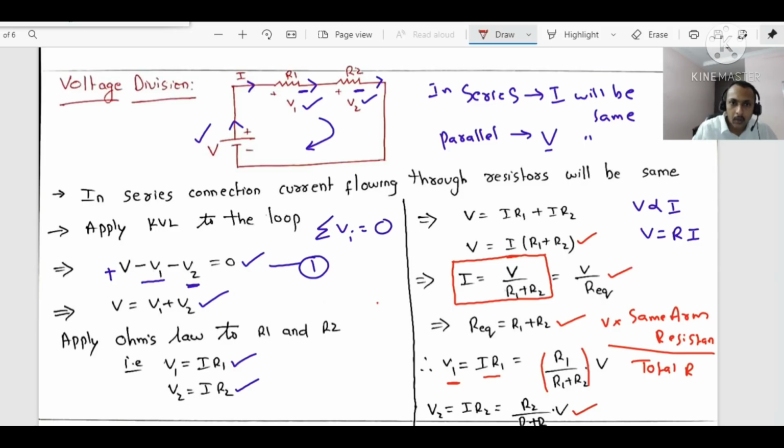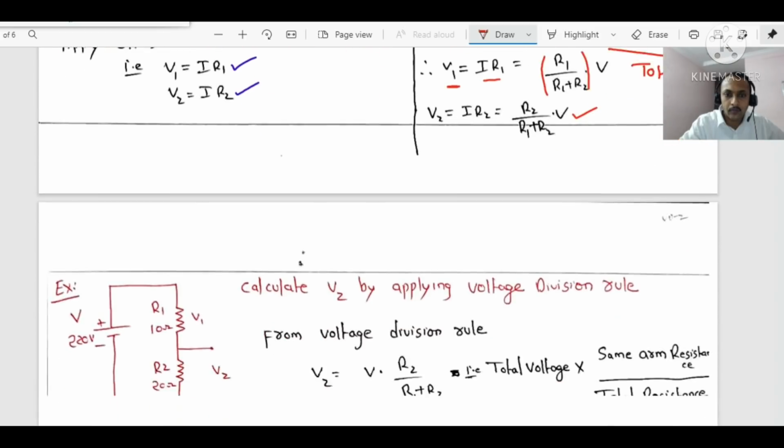Similarly, V2 equals total voltage into same arm resistance divided by total resistance. This is the voltage division rule.